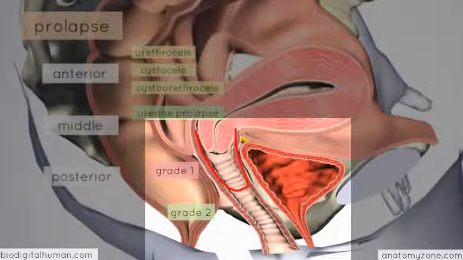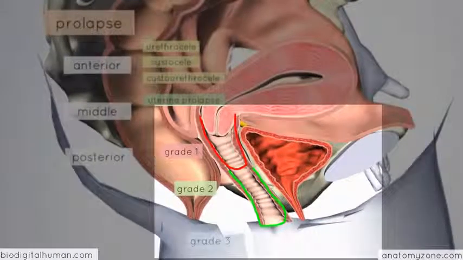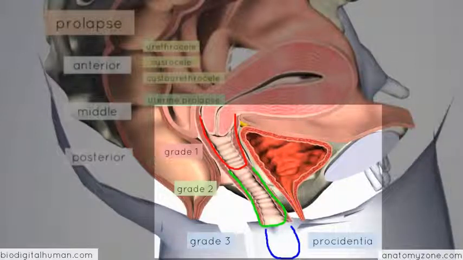In a grade 2 prolapse, the descent is further, so you've got the cervix reaching the level of the introitus, but the fundus of the uterus remains inside the pelvis. A grade 3 prolapse is when you've got the entire uterus prolapsed outside of the vagina. This is also referred to as procidentia.